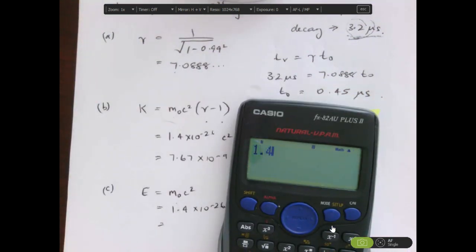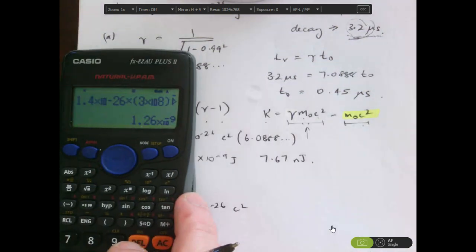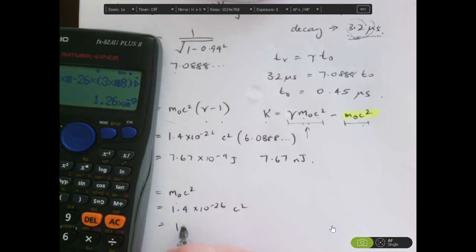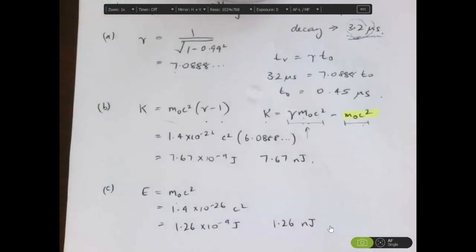So 1.4 exponent negative 26 times 3 exponent 8 squared gives us the rest energy of 1.26 by 10 to the minus 9 joules, also known as 126 nanojoules. So this is the rest energy. This is the energy if I was to take that entire cosmic particle and annihilate its value into pure energy, this would be the energy equivalent. So that's that value up here.